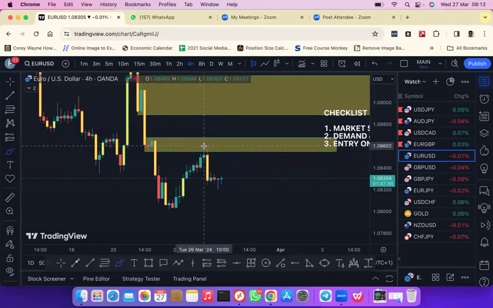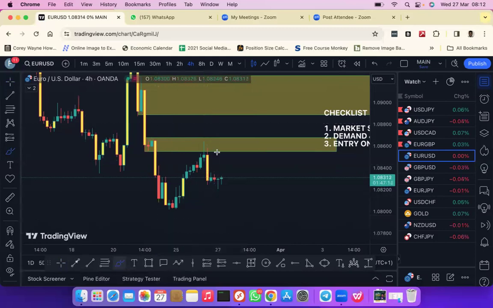My lowest time frame for entry is 15 minutes. When I analyze the market on daily, weekly, or monthly, I look for demand and supply, usually on the 4 hours and sometimes the 1 hour time frame, and then I take entry on the 15-minute time frame.